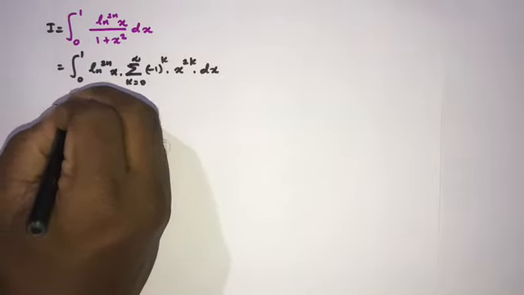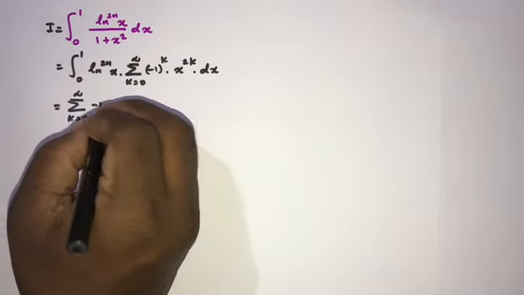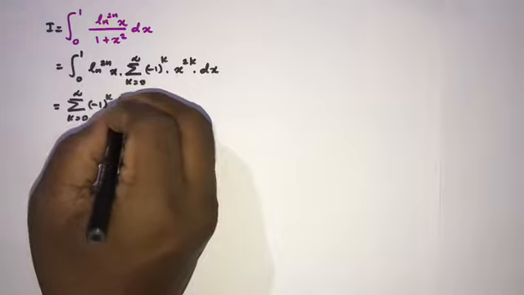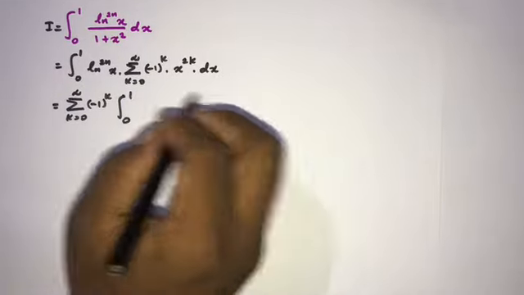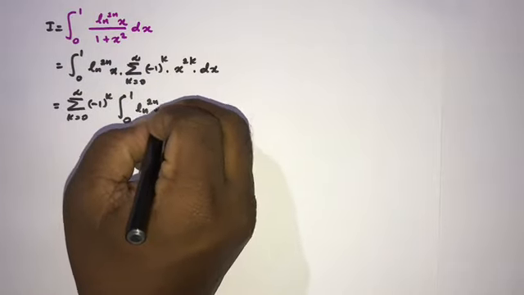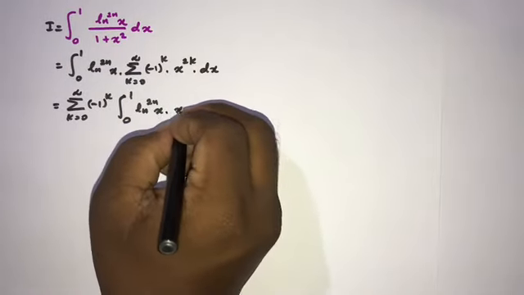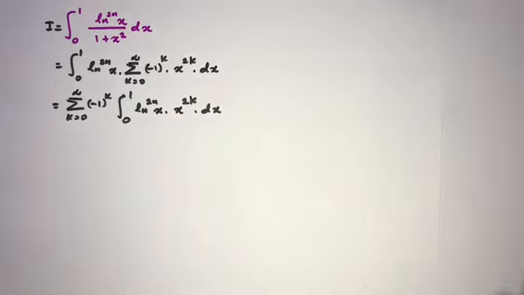So we can write the sum k equals 0 to infinity of minus 1 to the k, integral from 0 to 1 of natural log raised to the 2n power of x times x to the 2k dx.